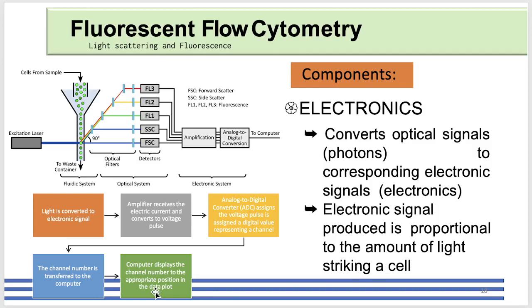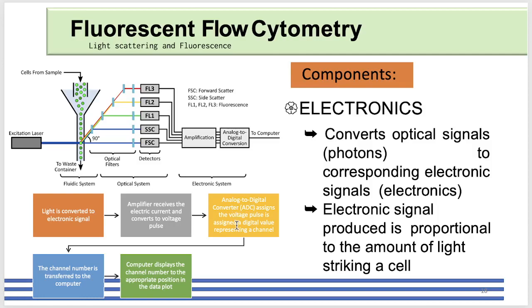So, paano nangyayari yan? Paano nako-convert from a photon to electronics? Your light is converted to electrical signal, then the amplifier receives the electronic current and converts that to a voltage pulse. Again, ano ang sinabi natin? Isang voltage pulse will be equivalent to 1 cell.